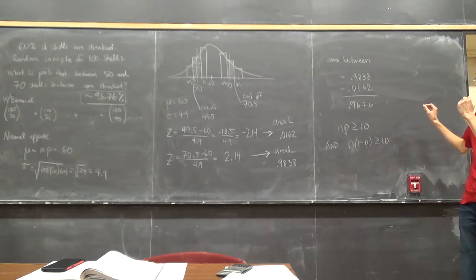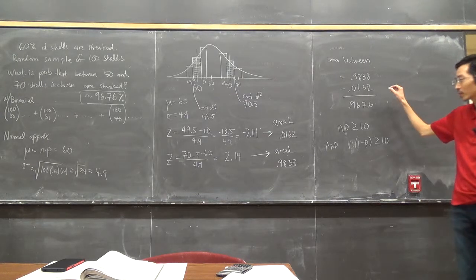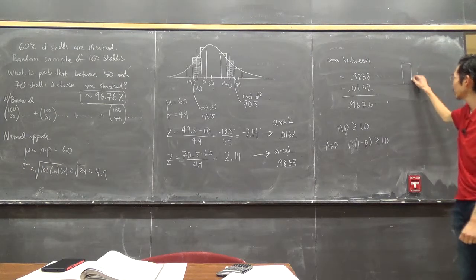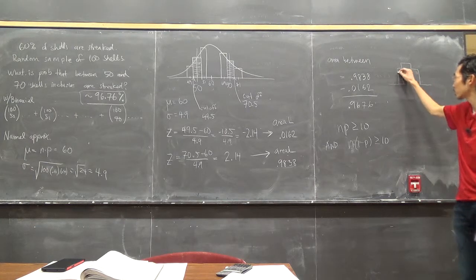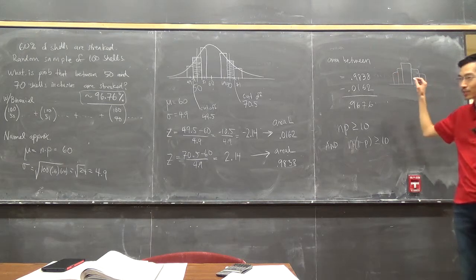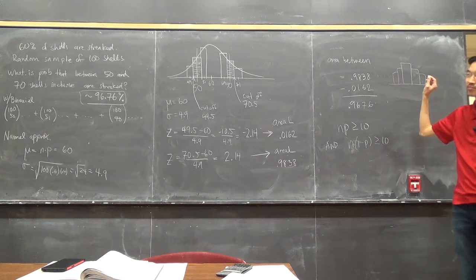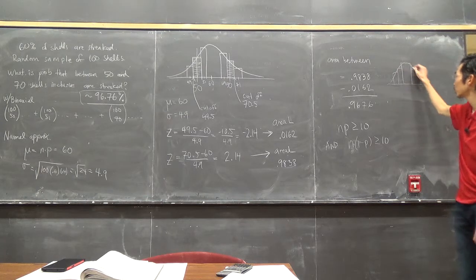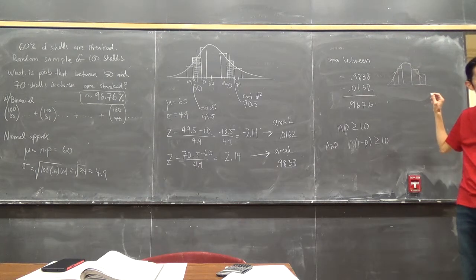The thing is the binomial distribution, it's made up of bars, okay? It's discrete. And at some point, the difference between a bunch of bars and a smooth curve gets really small, okay?